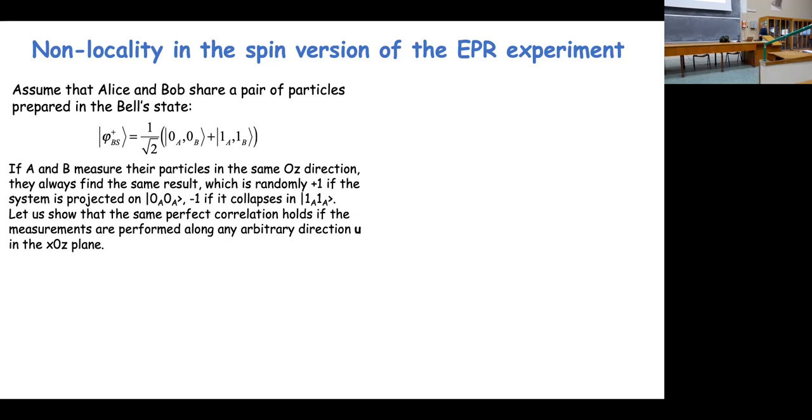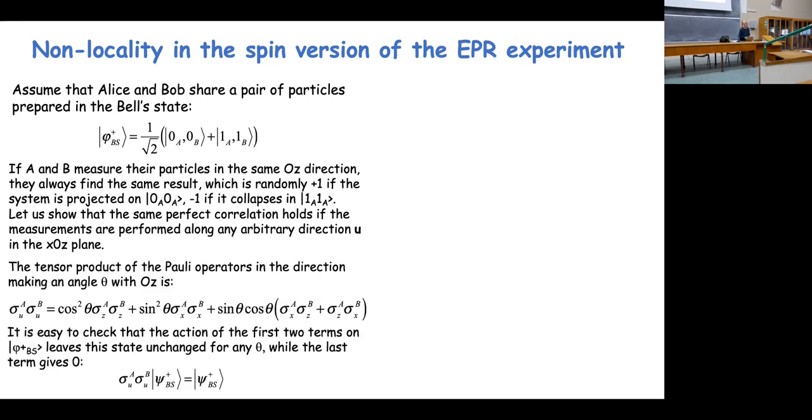So what is the observable that I am measuring now? I am measuring the quantity which is sigma ZU for the particle A and sigma ZU for the particle B. And this is obviously cosine square theta sigma ZA sigma ZB plus sine square theta sigma XA sigma XB plus the cross product sine theta cosine theta, sigma XA sigma ZB plus sigma ZA sigma XB.